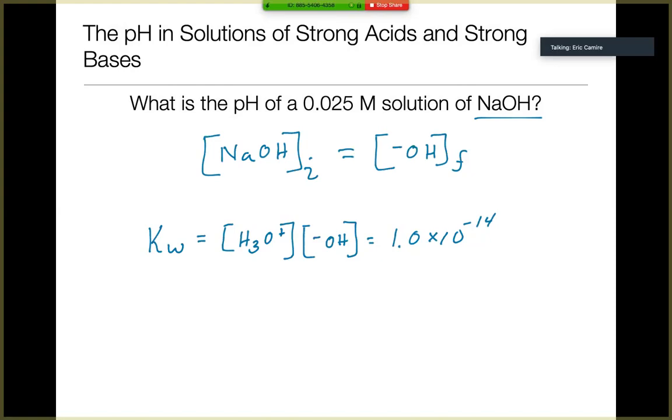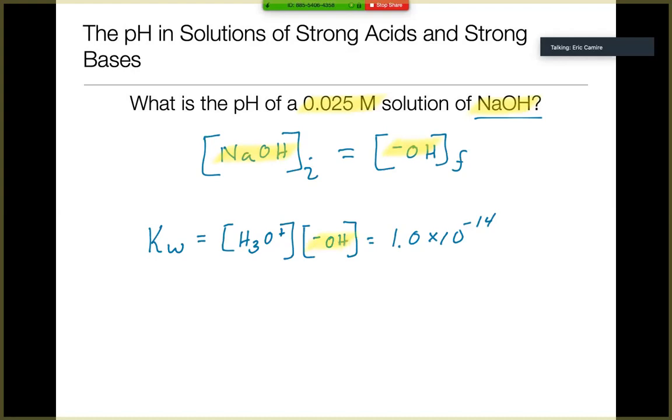All right, does anyone have an answer yet? I got 12.4. Yep, it is. It's 12.4. And if we go through it real quick, right, and there's a couple of things that we recognize. So we know the concentration that we started with NaOH has to be equal to the concentration of hydroxide final.